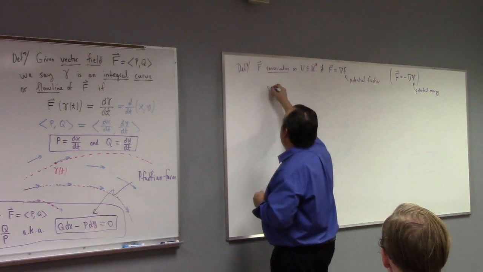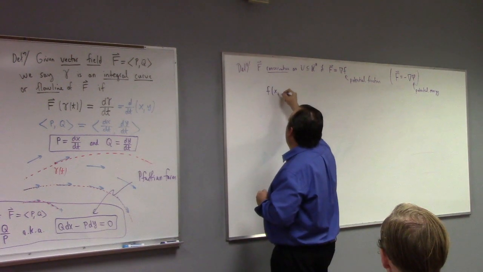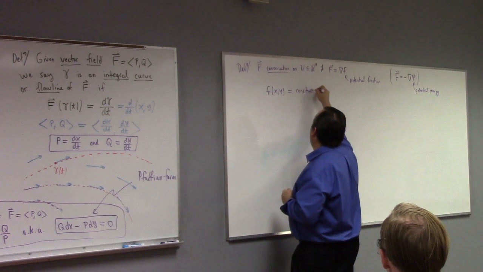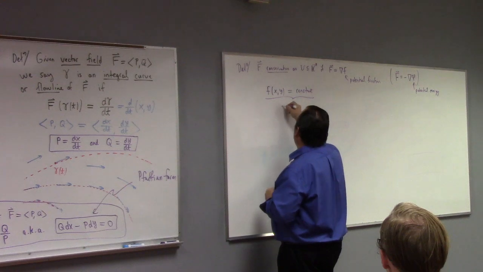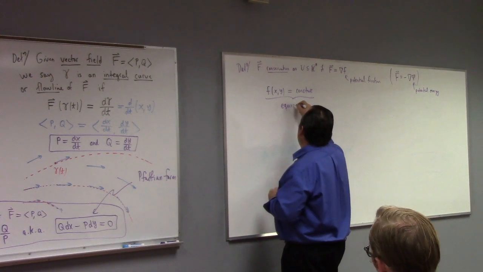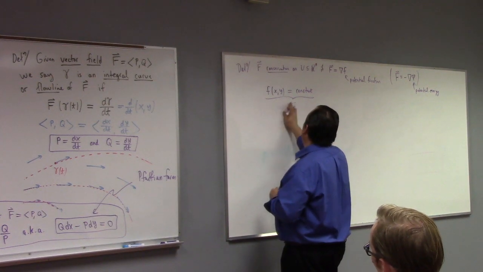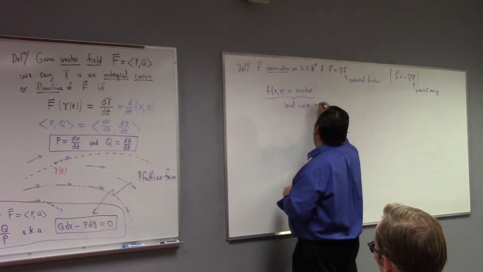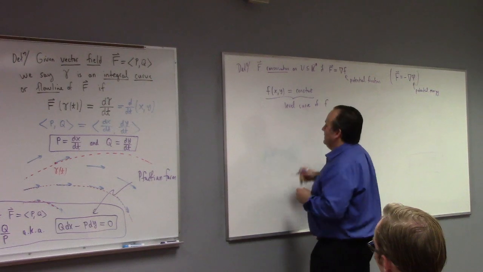So if we have f of x comma y equals a constant, this is usually called a level curve of f.